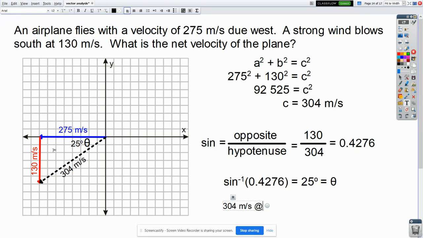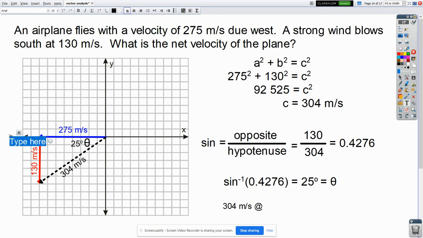Angle, we oftentimes like to report these as a standard angle, so we know which direction it is. If I just say 25 degrees, that actually implies that it's north and east in this direction somewhere, and it's not. So we want to be able to describe what that angle really is, and the best way to do that is to consider the unit circle.